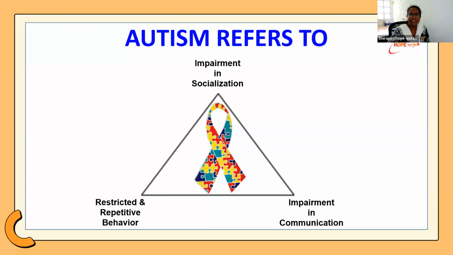Let's understand each area and what is affected. How is the child affected in socialization and communication? The child is not able to communicate or socialize, and because of that, he shows it in terms of behavior. Let's see one by one.